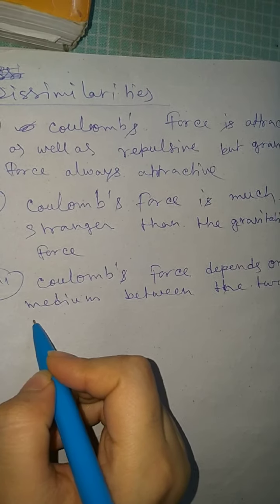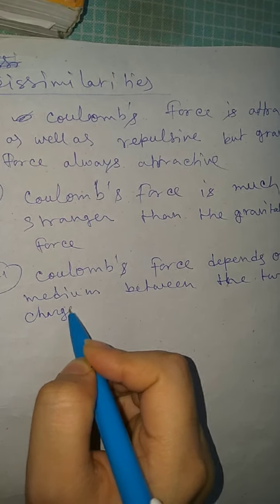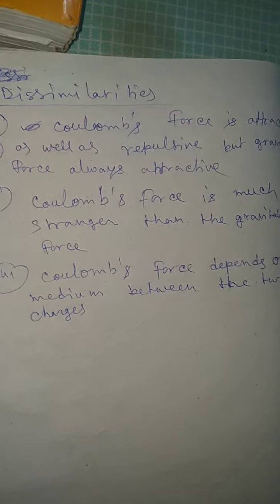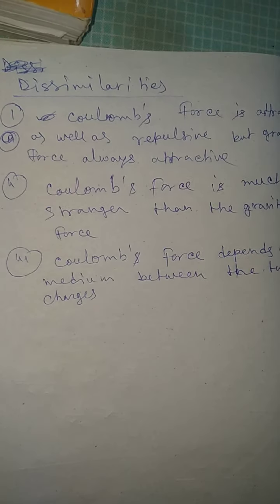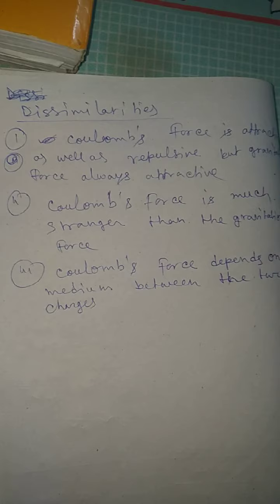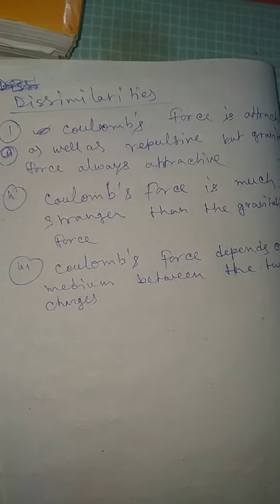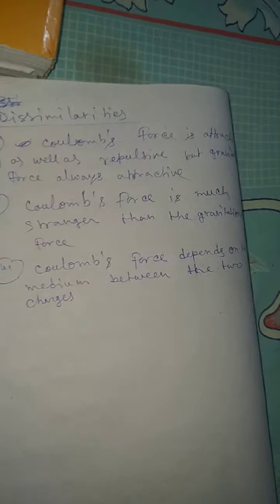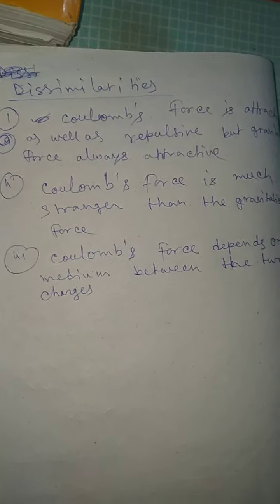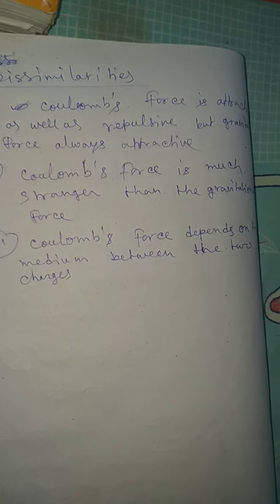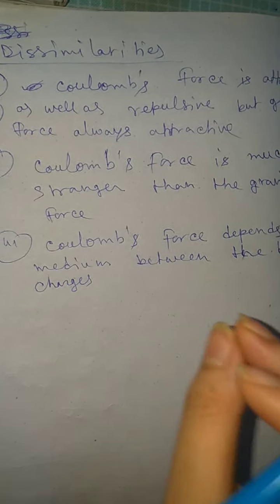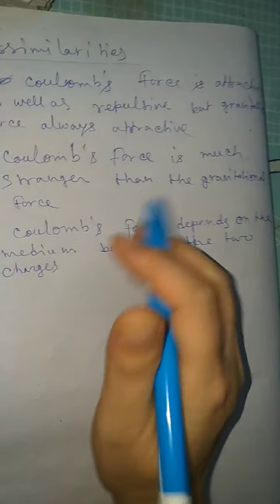Between the two charges, because Coulomb's law depends on permittivity, and permittivity depends on nature of the medium. So that's why we can say Coulomb's force depends on nature of the medium where we placed two charges.